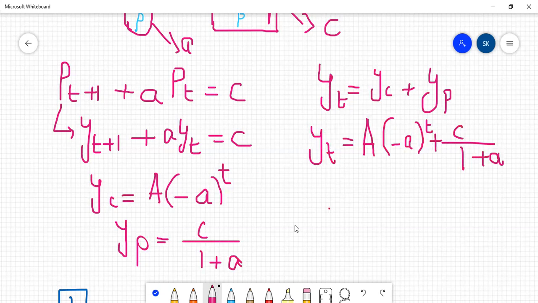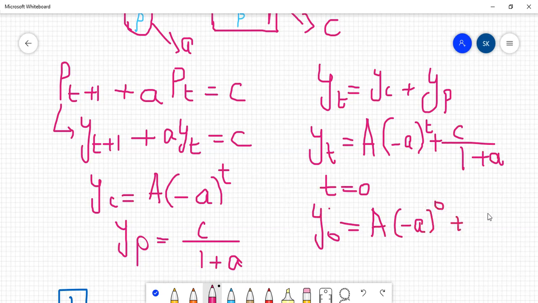What next we will do is put the value of t equal to 0. If t is equal to 0, we get y(0) = A(-a)^0 + c/(1 + a). We know that (-a) raised to power 0 is equal to 1.